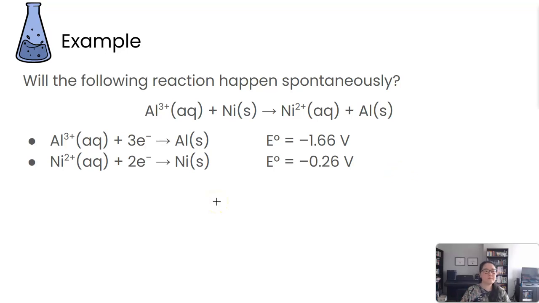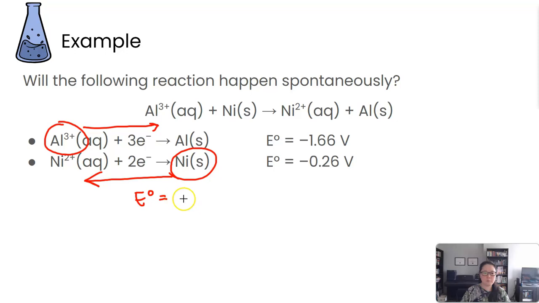So if we're looking at the values themselves, we are looking at the aluminum ion becoming the aluminum metal, and so we're looking at this in that direction. But with the nickel, we have to flip this reaction around, and so we are going to look at the nickel metal, because that's the one on the left, becoming the nickel ion, which means when we're doing this, the E naught value becomes positive 0.26.